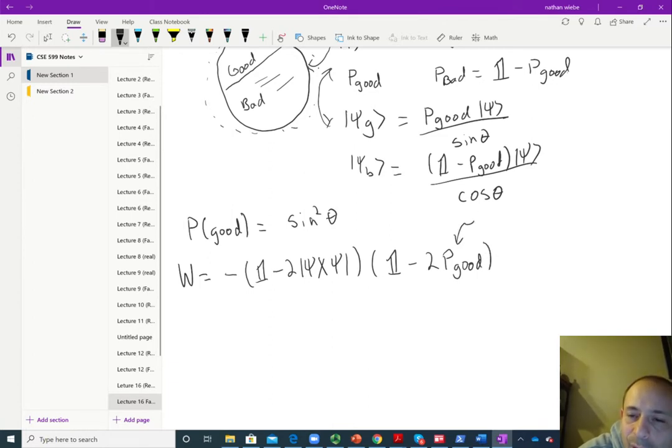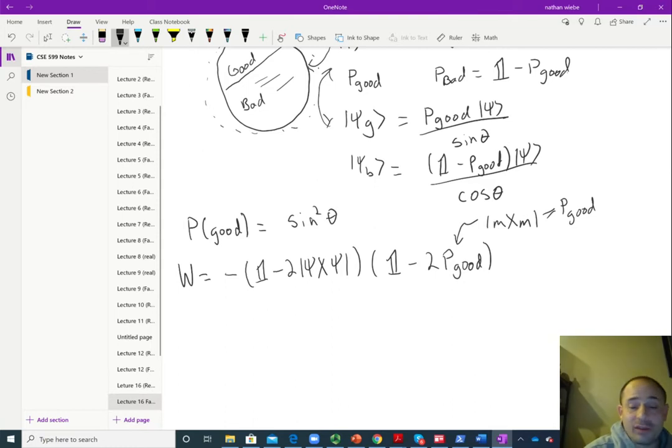Recall that in the case of Grover's search with one marked item, Grover's search ends up being a particular case of this, where P good is only a projector onto the marked vector. So that's the walk operator.